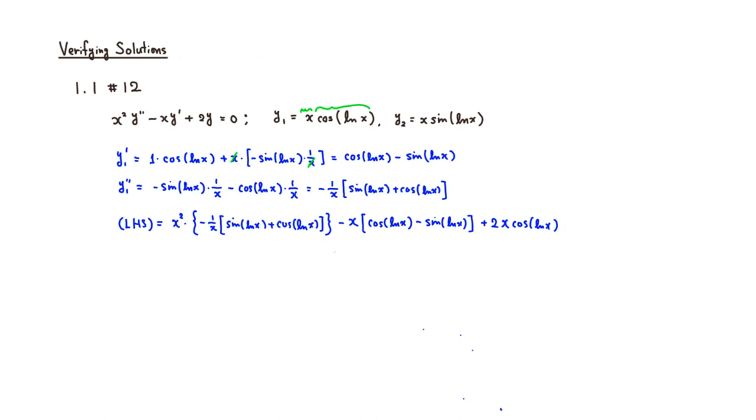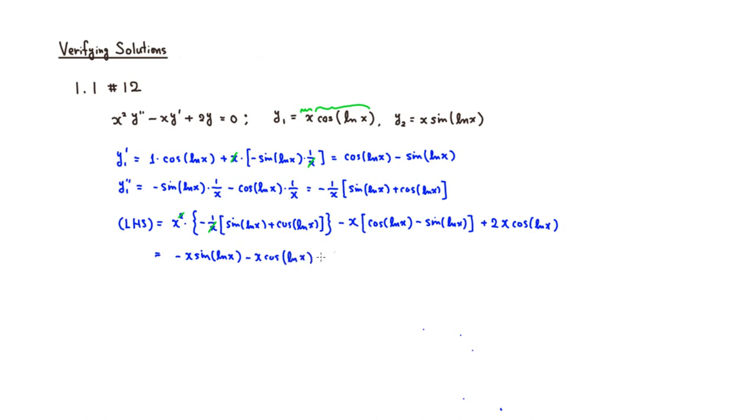We can cancel the x on the bottom with one of the x's in the x squared. Then I'm going to multiply out and write down. You have negative x sine of natural log of x, then negative x cosine of natural log of x.